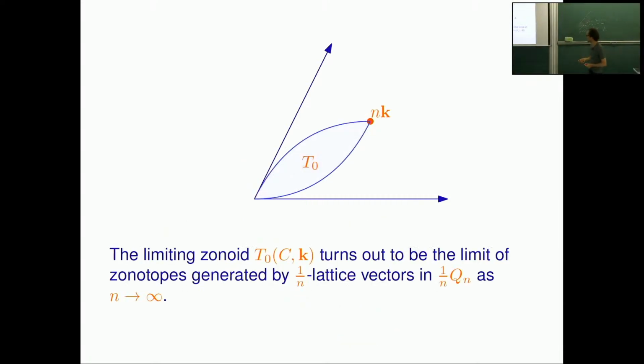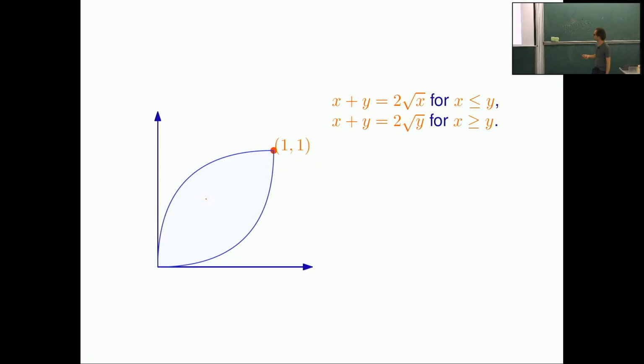And it turns out that the limiting zonoid is just the limit as n goes to infinity of the zonotopes that you get by taking exactly this set of generators, which are the generators contained in that cap.